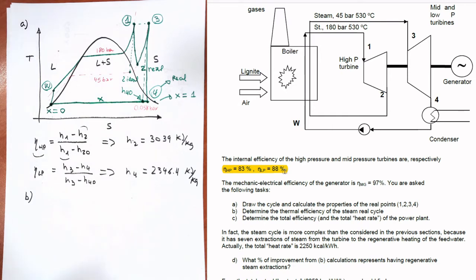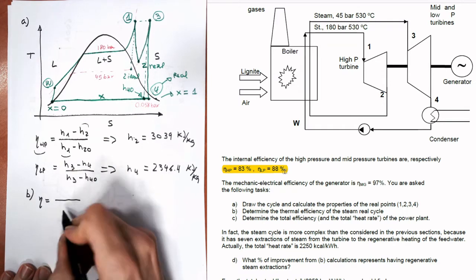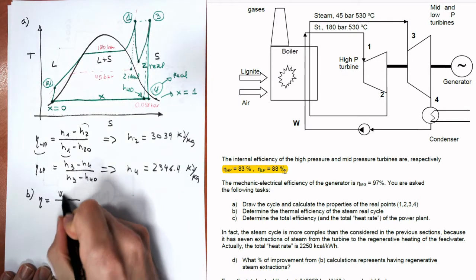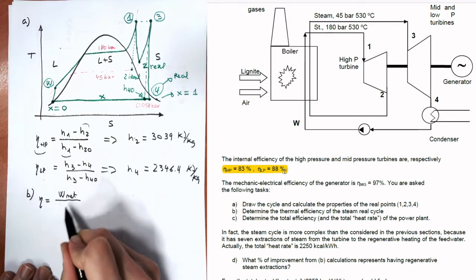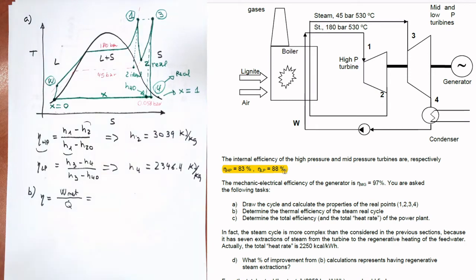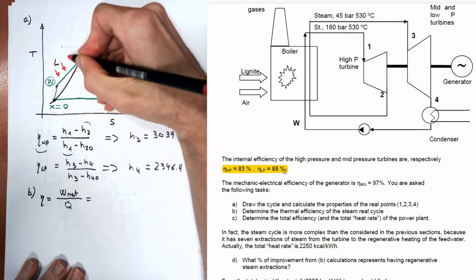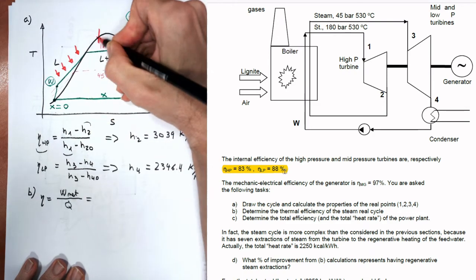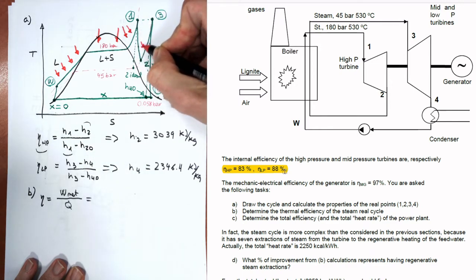The efficiency of the cycle will be the net work that we obtain, divided by the heat that we are putting in. We are putting heat in all this part here and here as well.